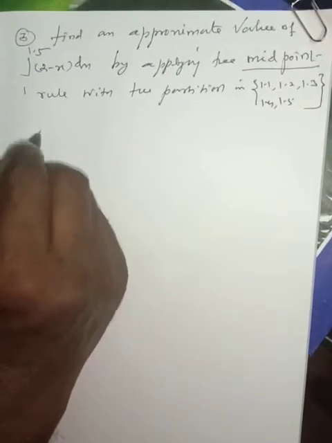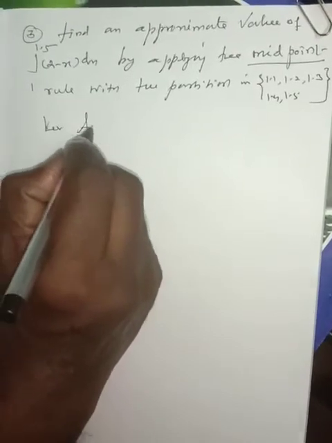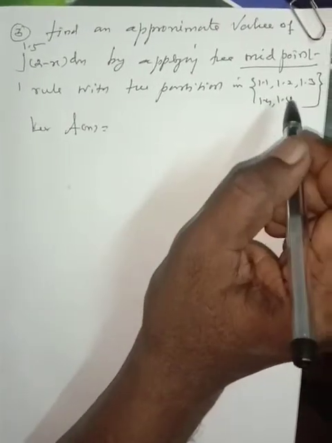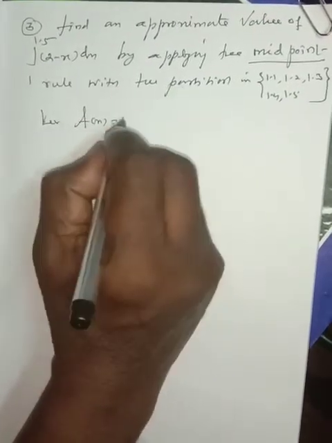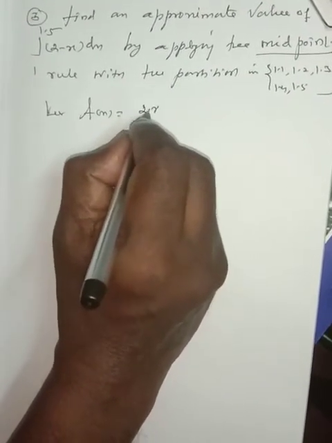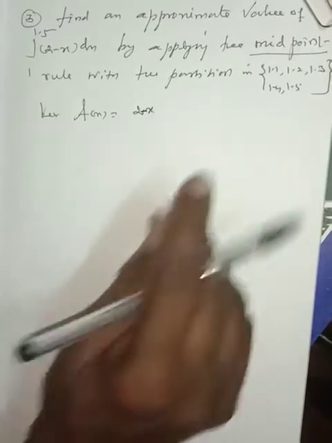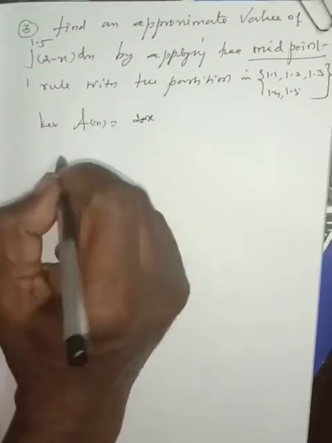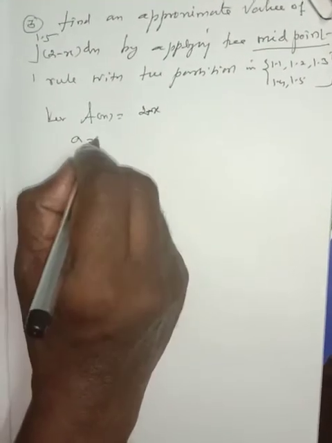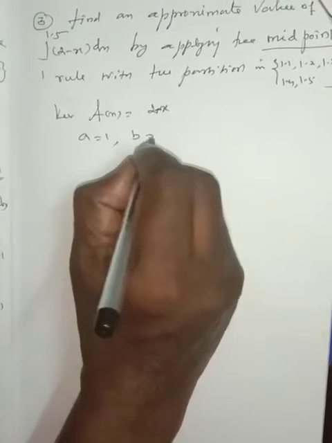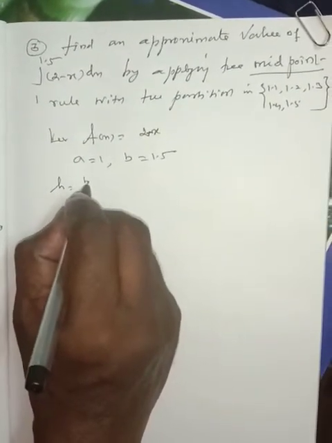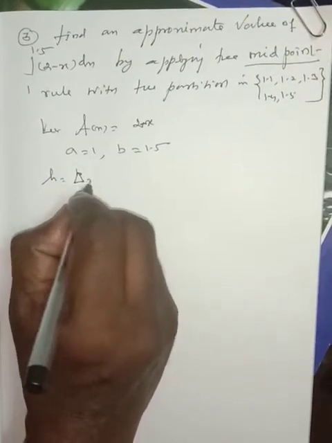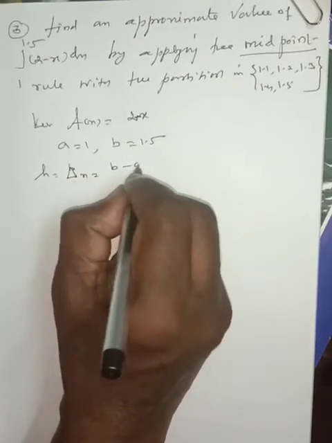Let f of x equal to, in this case, f of x is 2 minus x. Now a is 1, b the upper limit is 1.5. h is equal to del x is equal to b minus a divided by n.